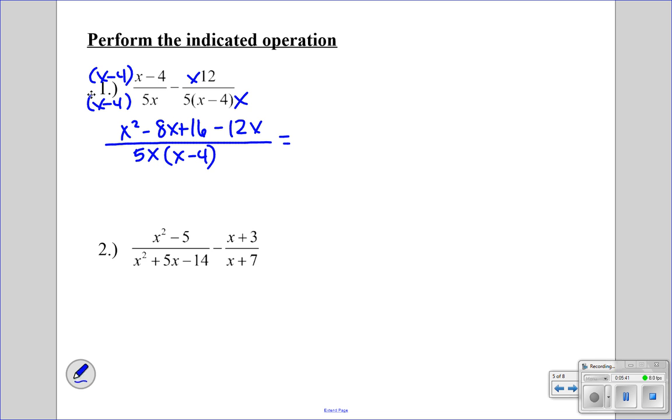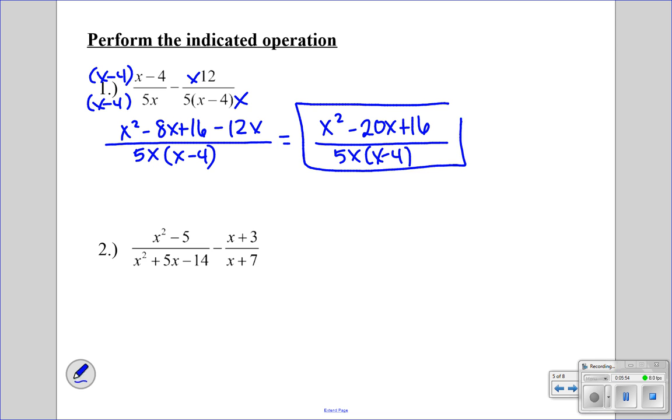Let's combine like terms. We have x squared minus 20x plus 16 all over 5x times x minus 4. The top is unfactorable, so we leave it like that.